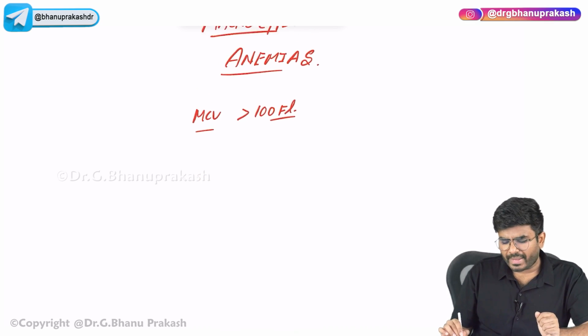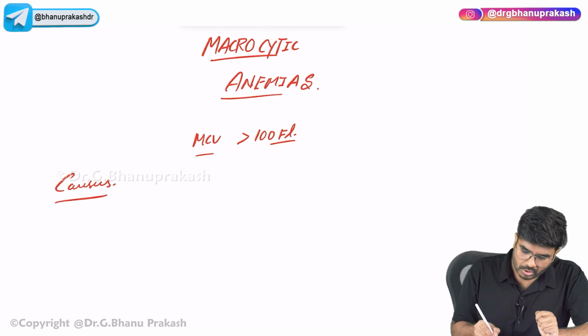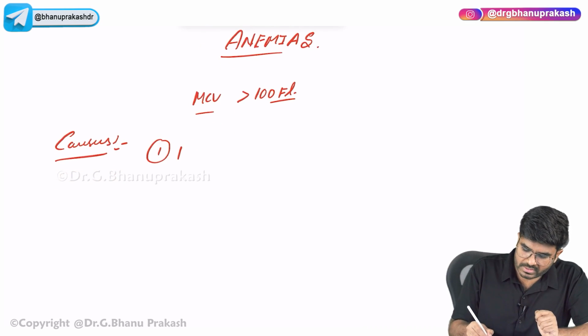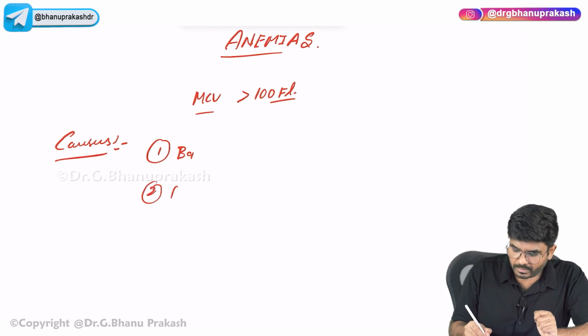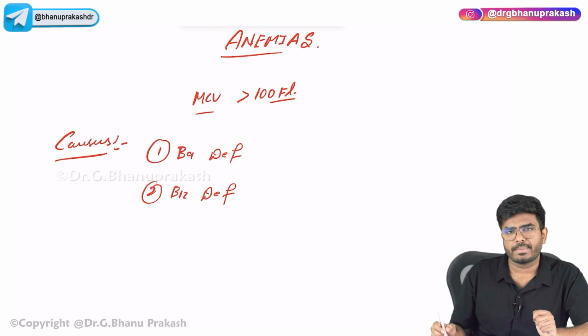Now, what are the causes of macrocytic anemias? Let's write the causes here. Number one cause is vitamin B9 deficiency and vitamin B12 deficiency. B9 is folate, and B12 is cobalamin.